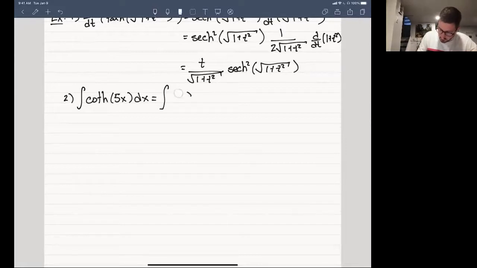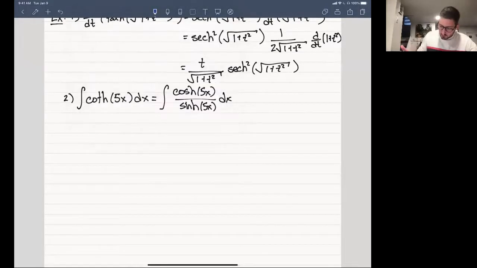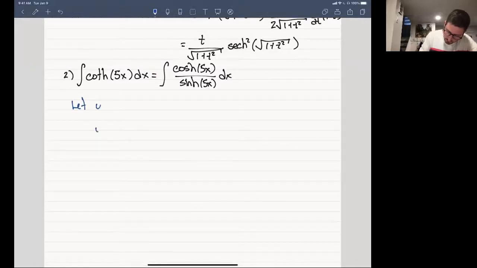This is cosh of 5x divided by sinh of 5x dx. And here, I'm going to make a little note off to the side. I'm going to have to do a little substitution. So I'm going to say let u equal sinh of 5x.